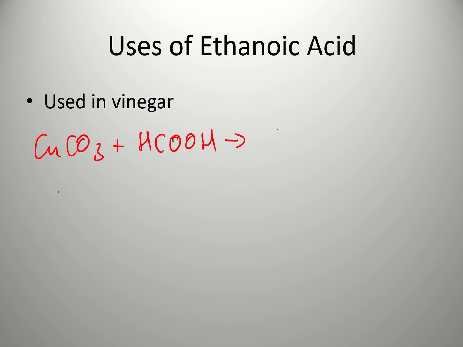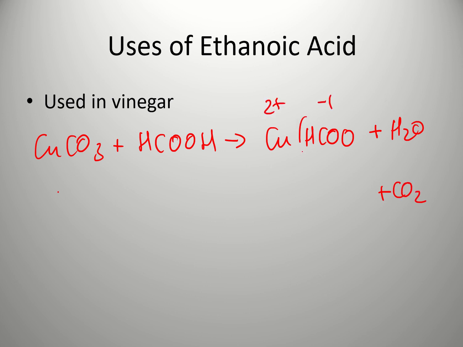Now we would get copper methanoate as our salt, plus we get carbon dioxide and we would get water. Remember, copper is 2 plus, methanoate is 1 minus, so we've got to go 2 there and then we balance that out by putting a 2 there.